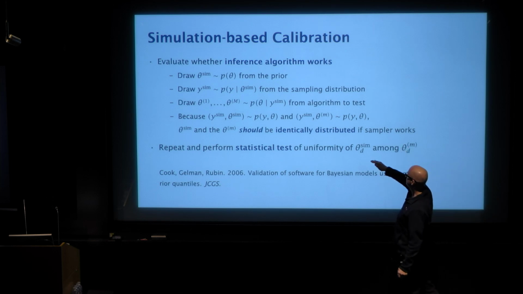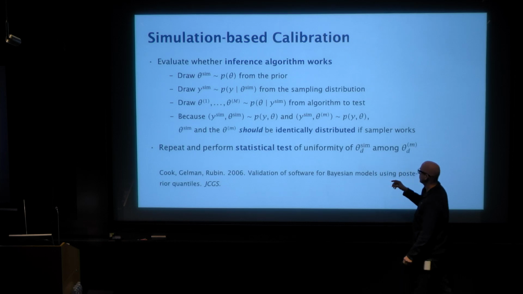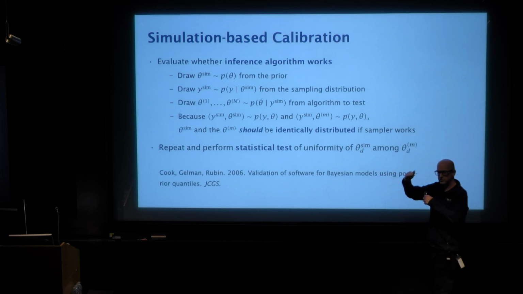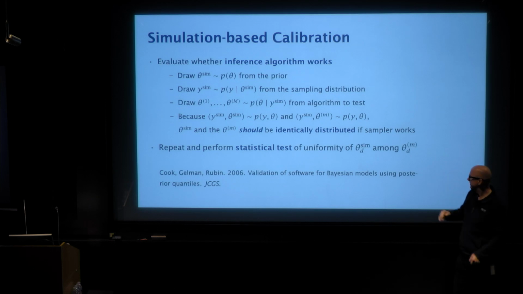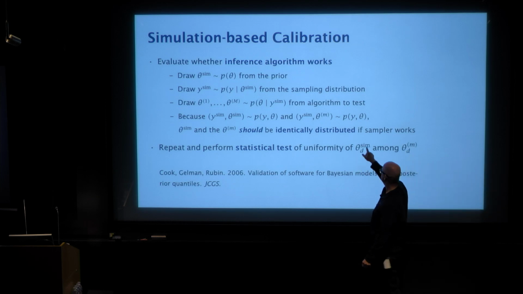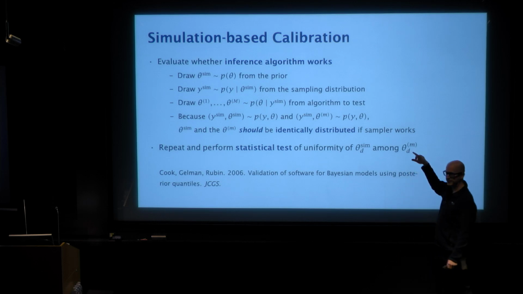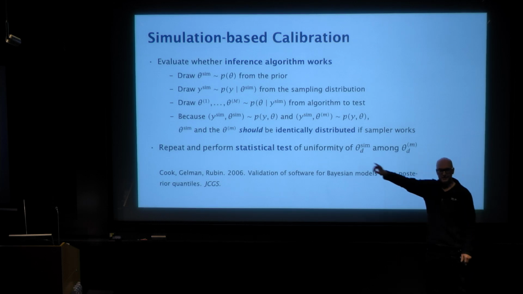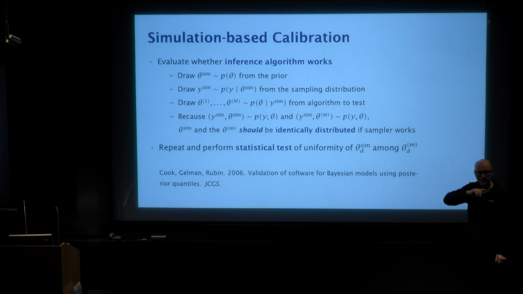So we can test, for each dimension d of theta, that theta d sim has a uniform distribution in terms of its rank among the theta m's. Since we assume theta sim and all of these are identically distributed, it should show up anywhere in that sequence with equally likely probability when I repeat this procedure a bunch of times.